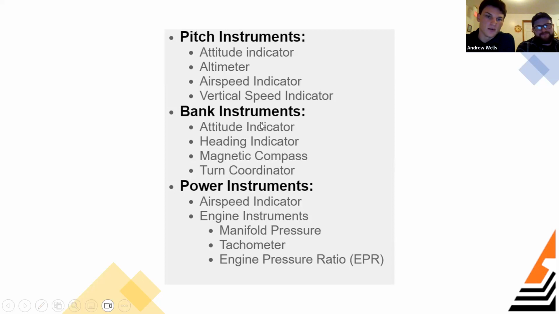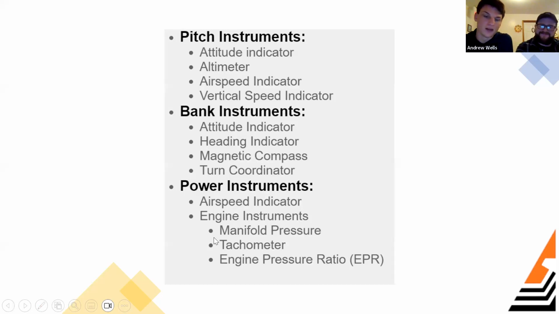So as you can see in the chart, bank instruments: you still use the attitude indicator, heading indicator, magnetic compass, and turn coordinator. And your power instruments: your airspeed indicator and engine instruments, whether that be manifold pressure, which isn't in the 172s, or your tachometer. EPRs aren't in the 172s either, mainly your tachometer. Yeah.